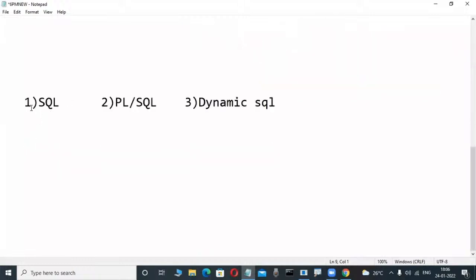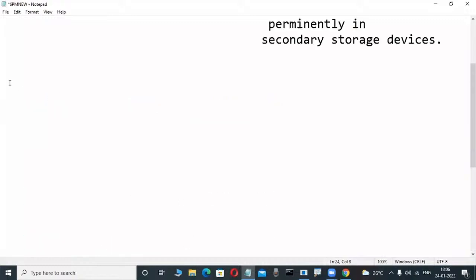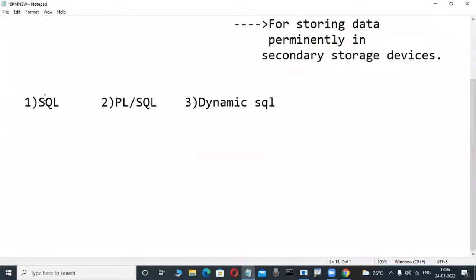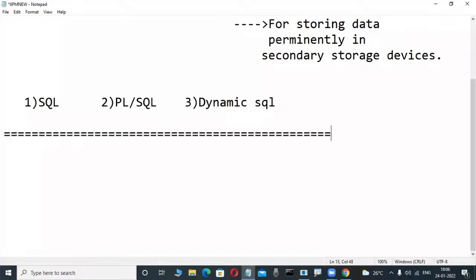For operating these products, we use SQL. But for the Oracle database product, we use three languages: one is SQL, another is PLSQL, another is dynamic SQL. Up to this point, we learned in previous classes.